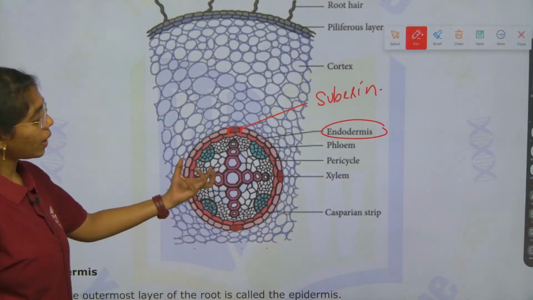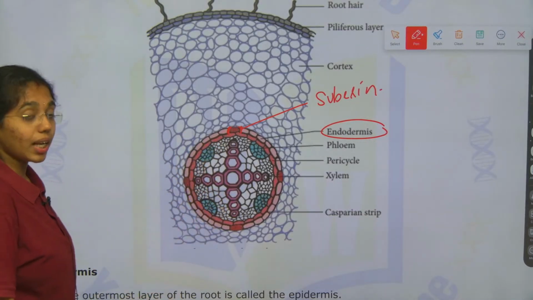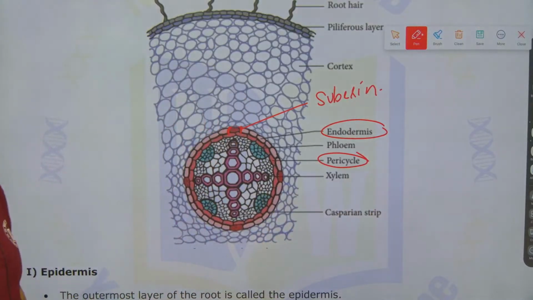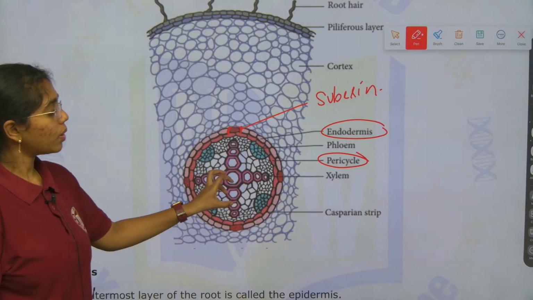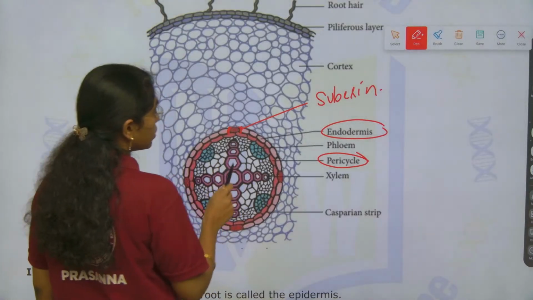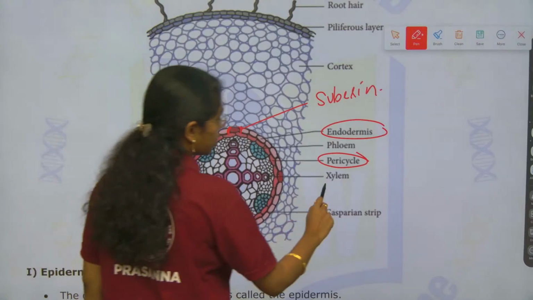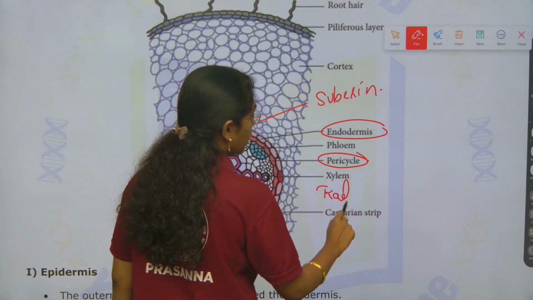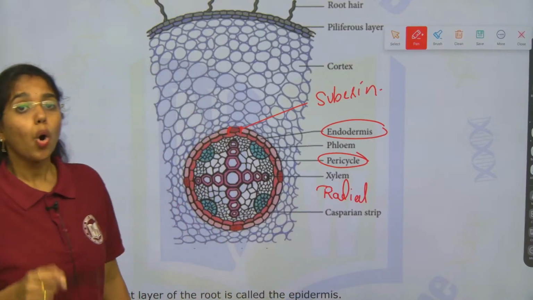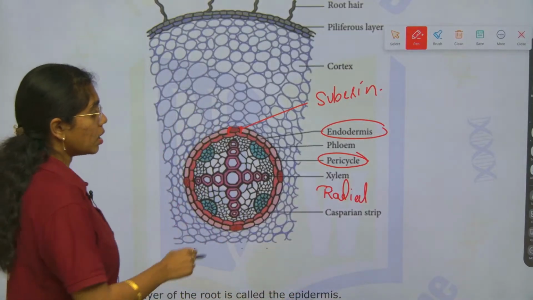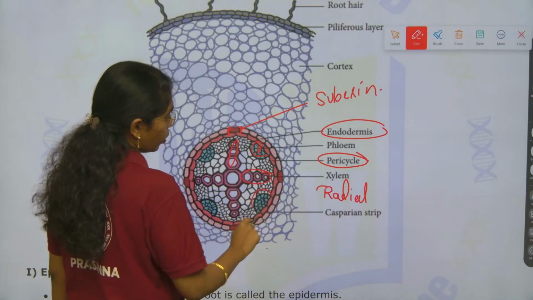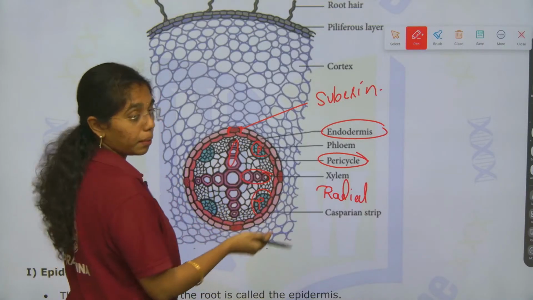And below which you have the stele region. Stele region includes what? Single layered pericycle. Pericycle is parenchymatous, after which you have vascular bundles at the center. Vascular bundles in the dicot root are arranged in the radial fashion. Radial type of vascular bundles. As this is dicot root, you can say it as open type of vascular bundles, wherein xylem and phloem occur in a parallel way.